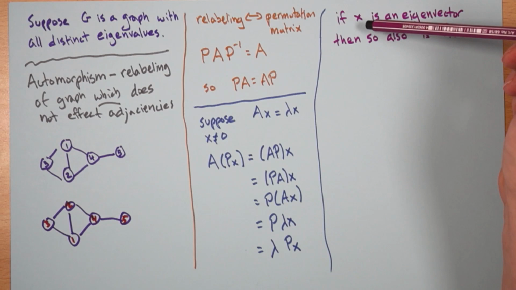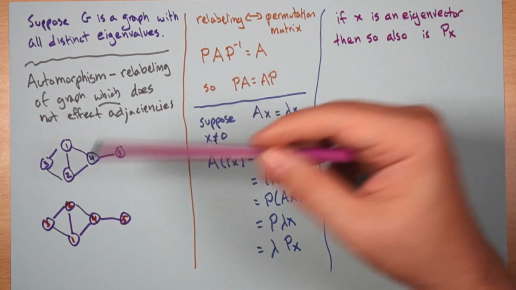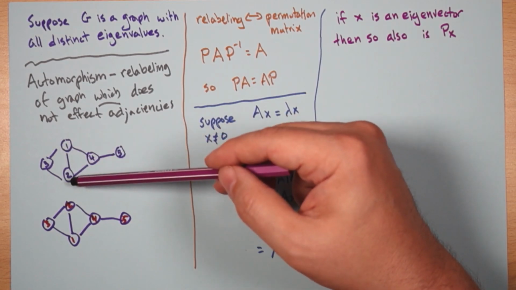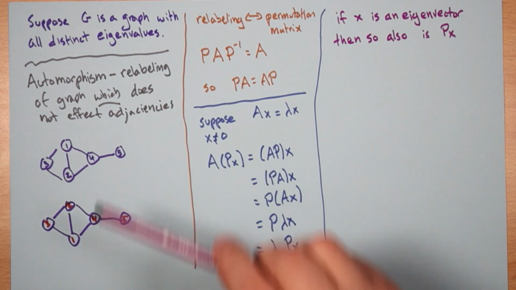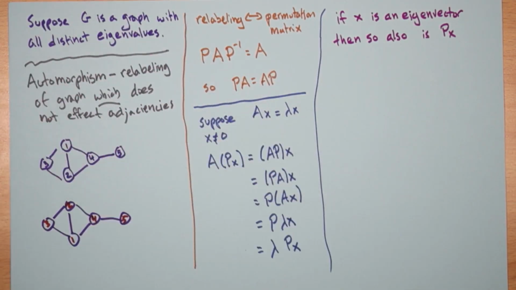Your x might not change under the relabeling, because maybe x has the same values for these two vertices to begin with, and so when you relabel, nothing happened. All right, so now this is just a general fact. We haven't made any assumptions here about all distinct eigenvalues. Not yet, but let's do that.